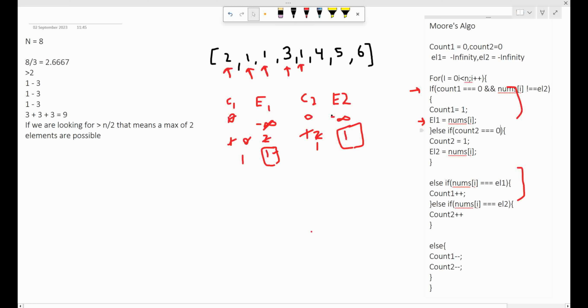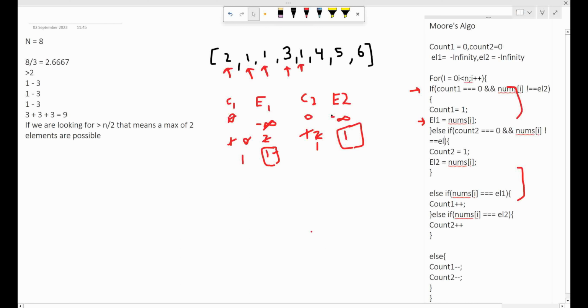Similarly, here also we will put one more condition: if nums of I is not equal to EL1. This is the modification that we have to do. So what will happen is here we reached 1, count was 0, but nums of I was equal to EL2, so this condition will become false and we will reach the condition that increases the counter, and we will increase the counter of this one.